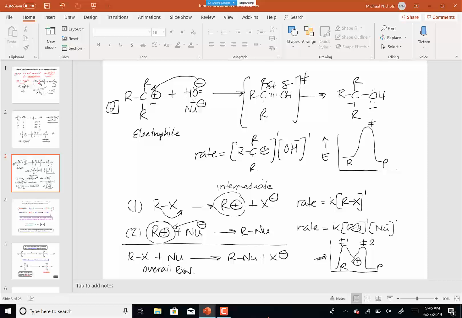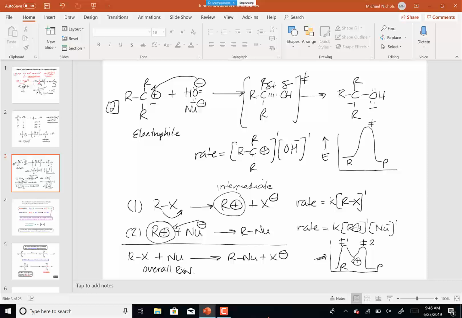Okay with that? Next thing we need to talk about with these mechanistic steps. Do they have to occur at the same time? Or sorry, do they have to occur with the same rate? No. One could be faster than the other, and that would make one slower than the other.